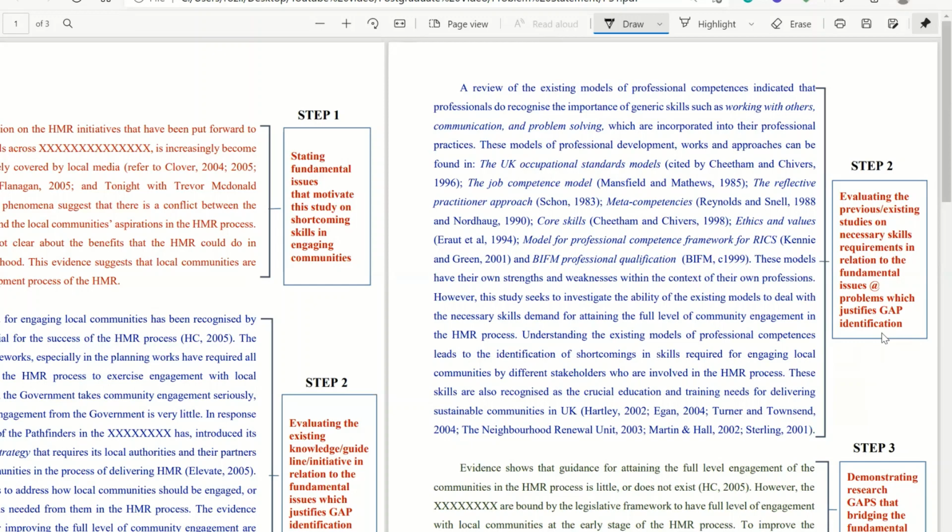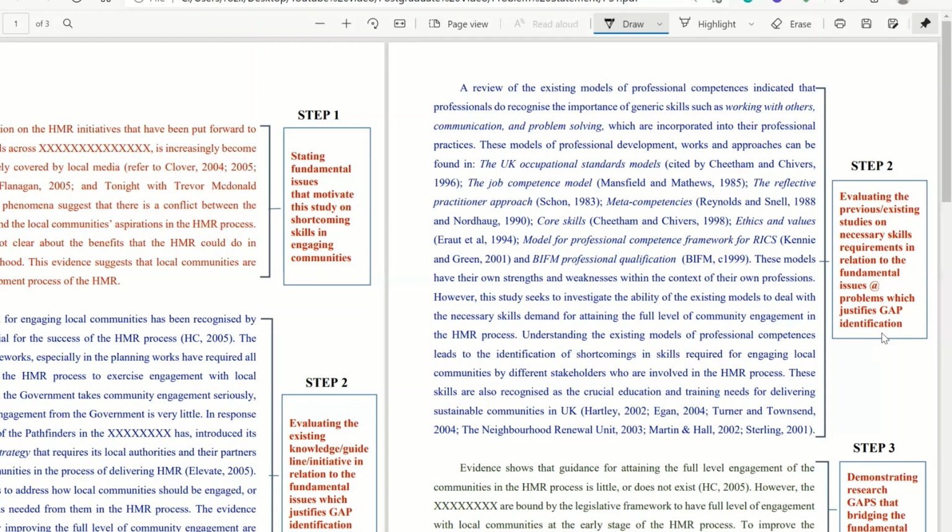So the second, third, and fourth paragraphs are the arguments and justifications on the existing knowledge with regard to the subject matters that the researchers identified in the first paragraph, which will demonstrate the research gaps for this study.